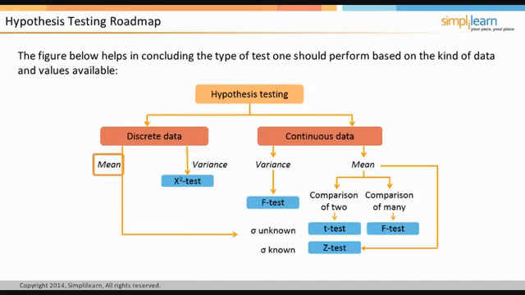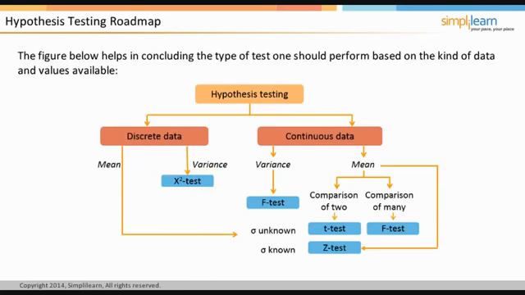For discrete data, if mean and standard deviation are both known, the z-test is used. And if mean is known but standard deviation is unknown, the t-test is used. If the standard deviation is unknown, and if the sample size is less than 30, it is preferable to use the t-test. If variance is known, one should go for chi-squared test.